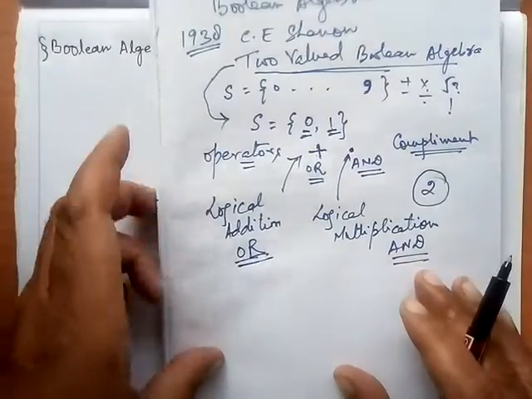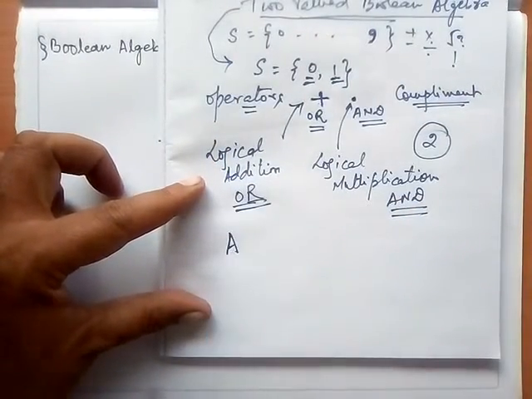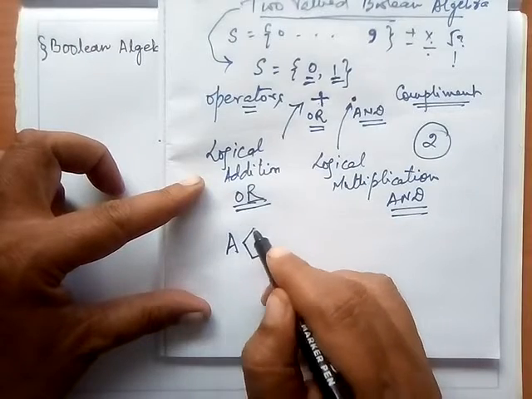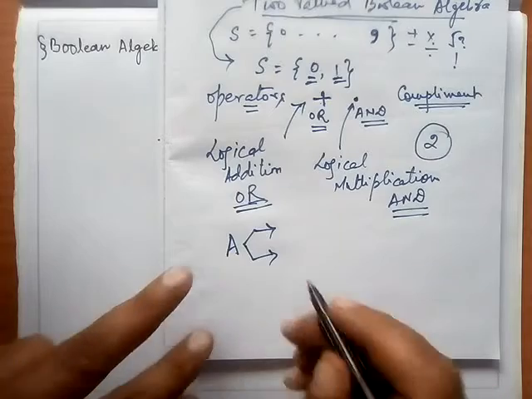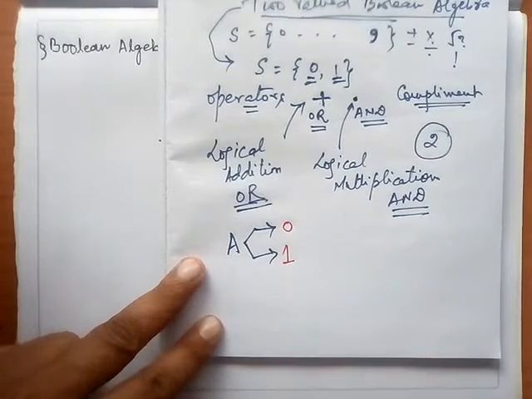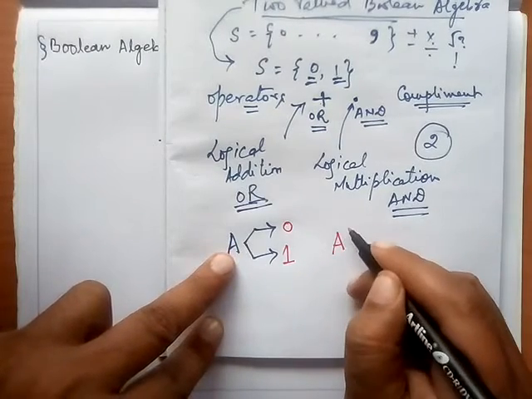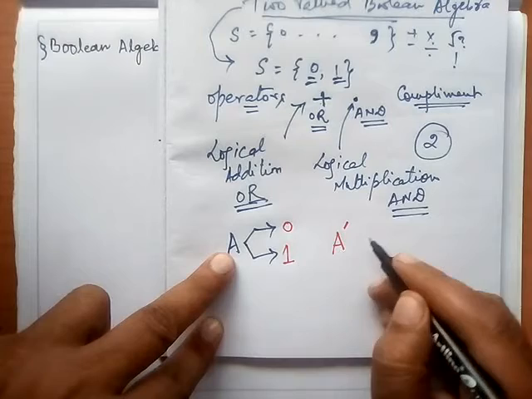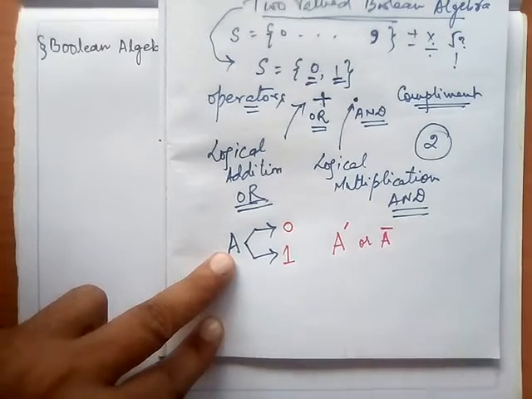Now before I move to this, suppose I have a variable a. In Boolean algebra it can have only two values, either 0 or 1. And one more term that we use here is a complement. It is represented either by a complement or a bar, in some of the books, one and the same thing.